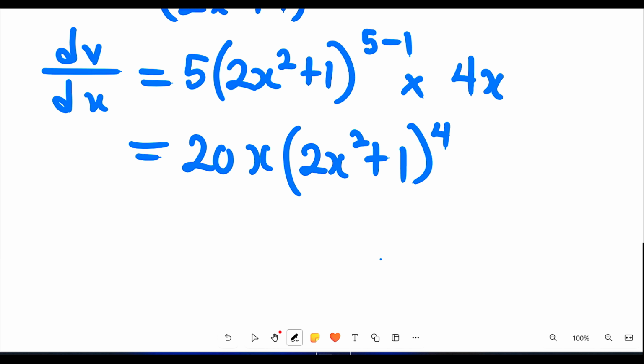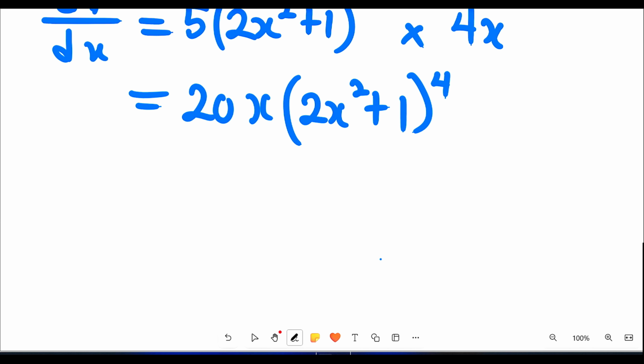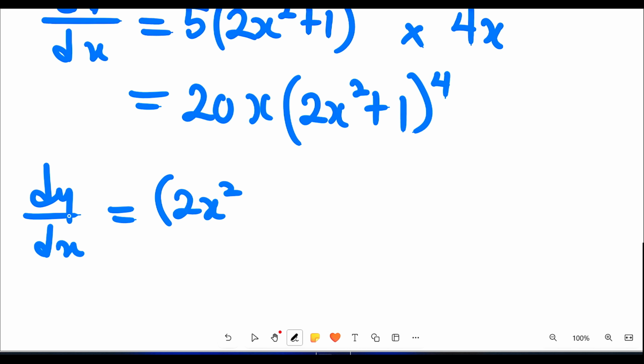So we can now plug in the various components into the formula. We have our dy/dx being equal to v du/dx. So we have to bring back the original function of v, which is (2x squared plus 1) in brackets having a power of 5. It's going to multiply the derivative of u, and du/dx is 0.